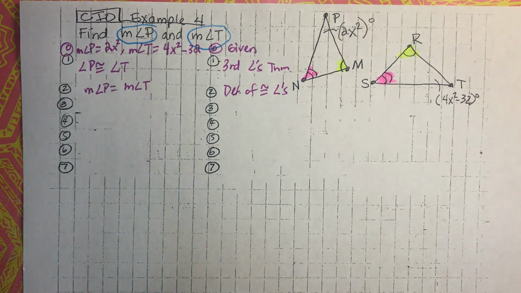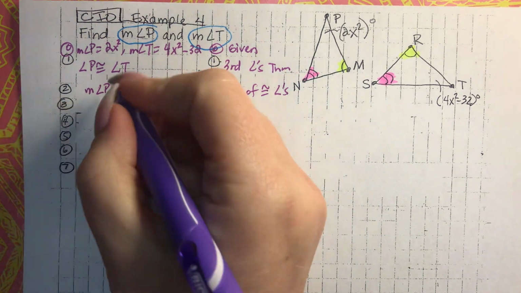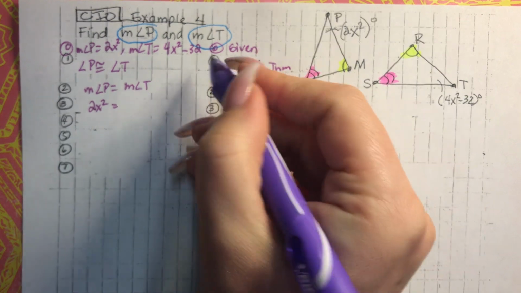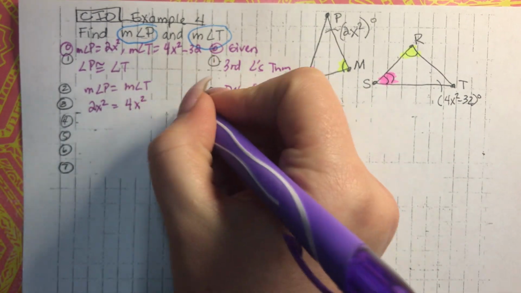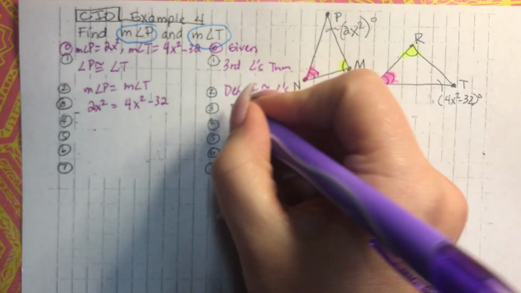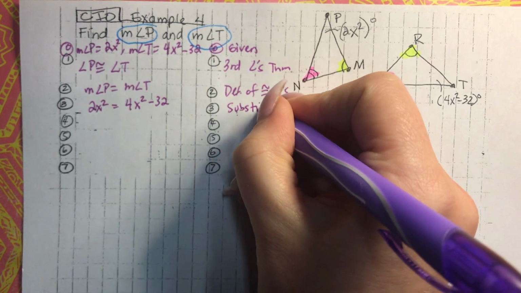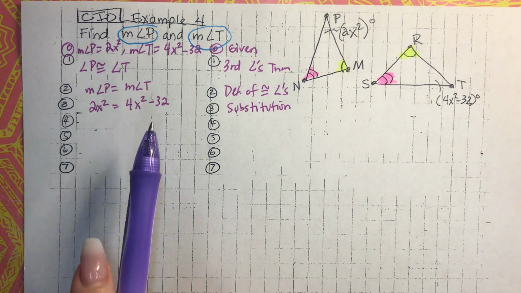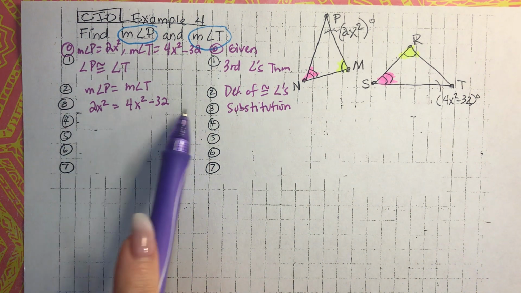All right. And then we just substitute, right? So measure of angle P is 2x squared equals measure of angle T, 4x squared minus 32. Substitution. Okay, now we just want to get x by itself. So I usually move the smaller one.